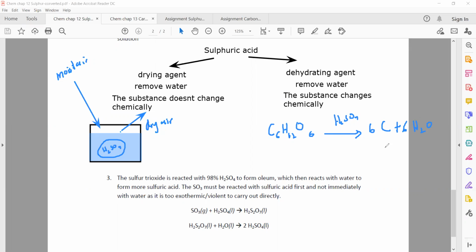When it does this, we say sulfuric acid is used as a dehydrating agent. The sulfuric acid has no change, but it removes the water from the substance, chemically decomposing or breaking down the substance. So what we will observe when this reaction occurs: carbon is a black solid, so we'll observe a black solid and vapors formed.